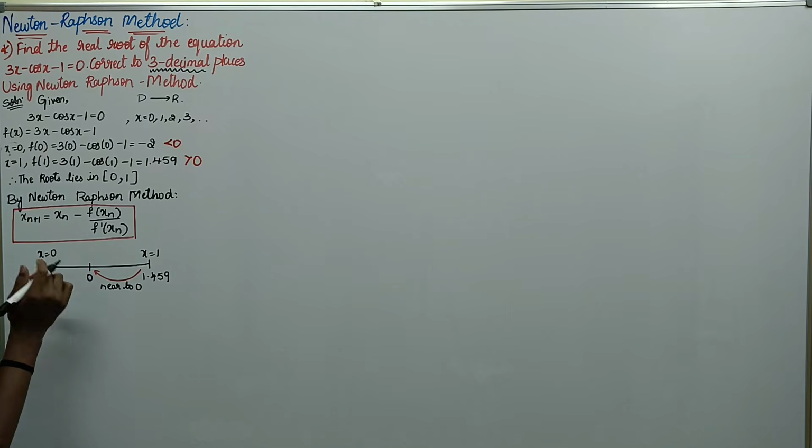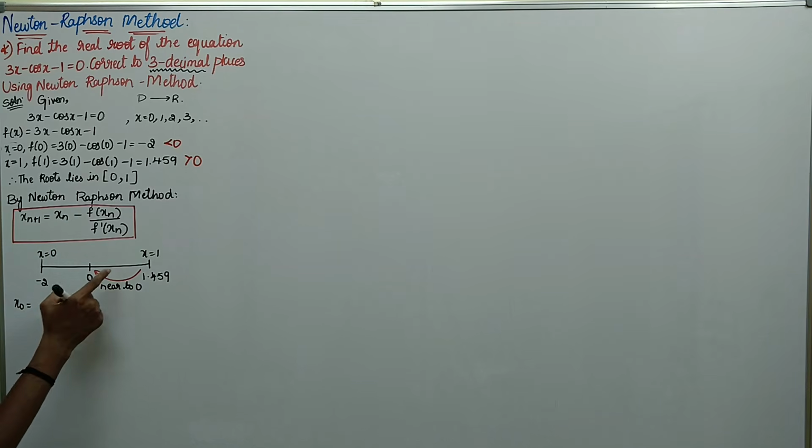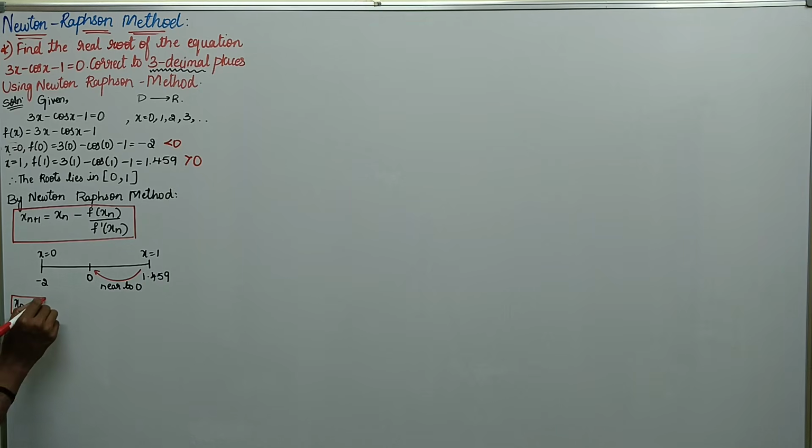The initial value we represent as x naught. It starts from 0. We consider the value x equal to 1. The initial value we are going to consider x naught, that is x naught equal to 1. Done.